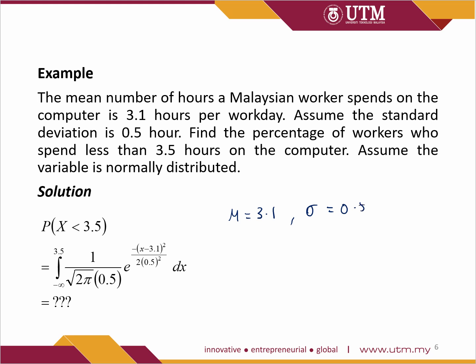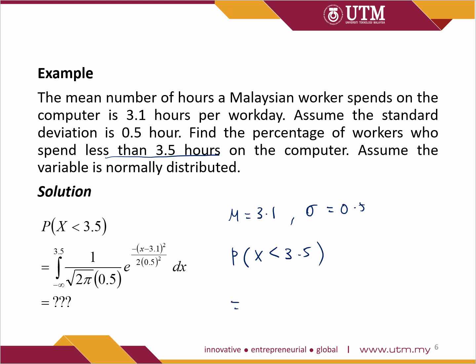You have to find the percentage of workers who spend less than 3.5 hours on the computer. So we need to find our x, which is less than 3.5, given x is the number of hours Malaysian workers spend on the computer.